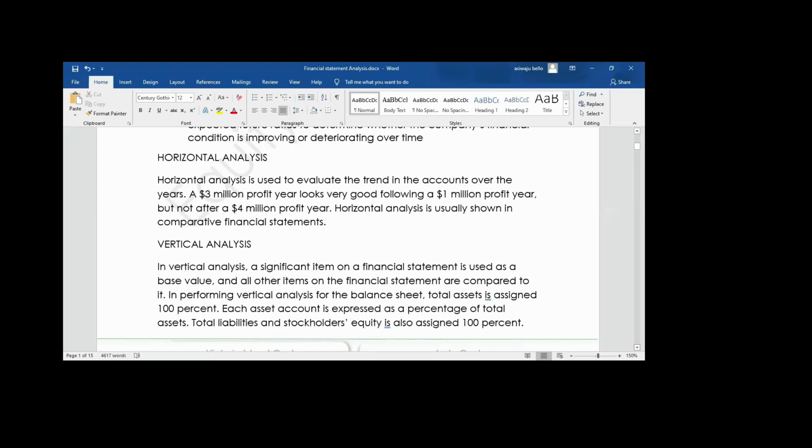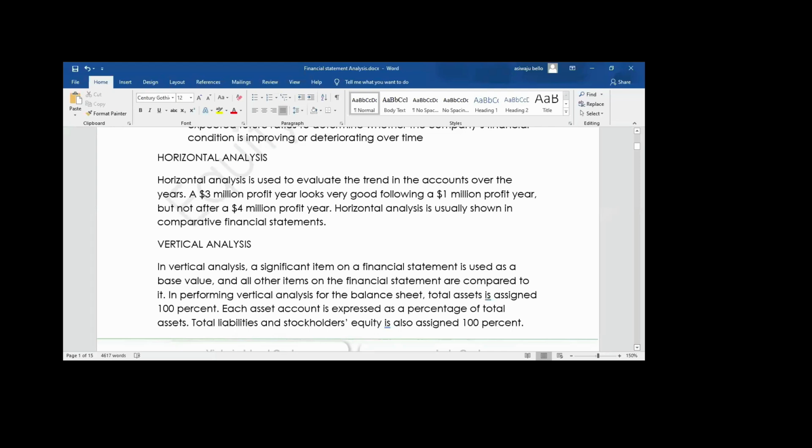For example, I can say cash assets over total assets multiplied by 100. Our total assets is the 100%.